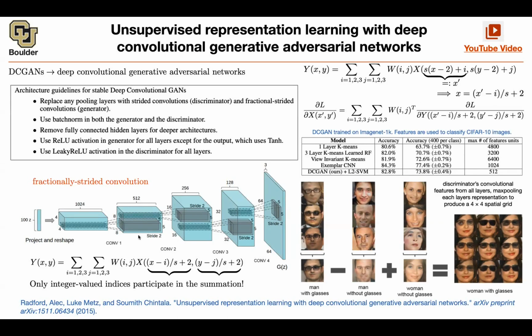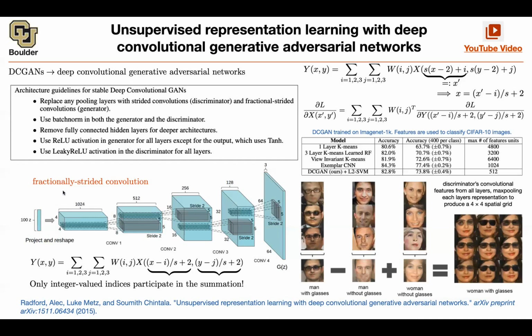And if you are going from low resolution to high resolution, use fractionally strided convolutions, use batch norm, remove fully connected hidden layers where you have your deep architectures so that you have fully convolutional network. Use ReLU. So these are the suggestions that the paper is making, and it's able to generate relatively speaking high quality images for that time.